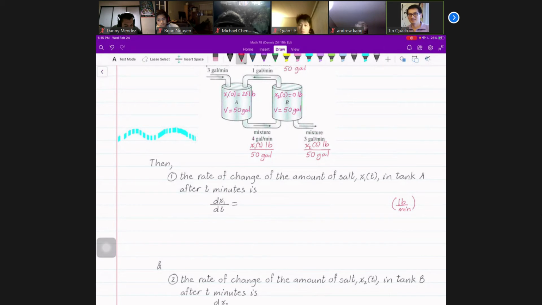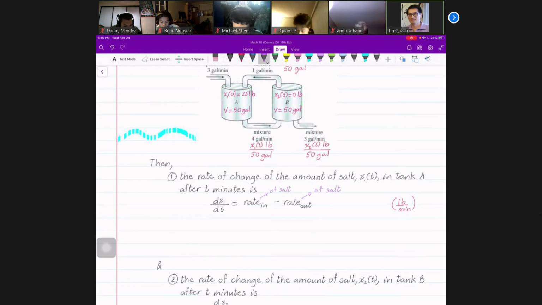Okay, so the formula is rate of change equal to the rate of salt coming in, minus rate out. If you want to, you can make a note. Rate here means rate of salt coming into the tank and leaving the tank.